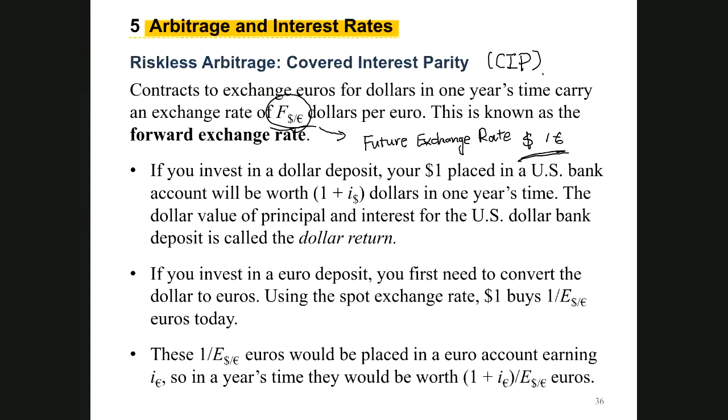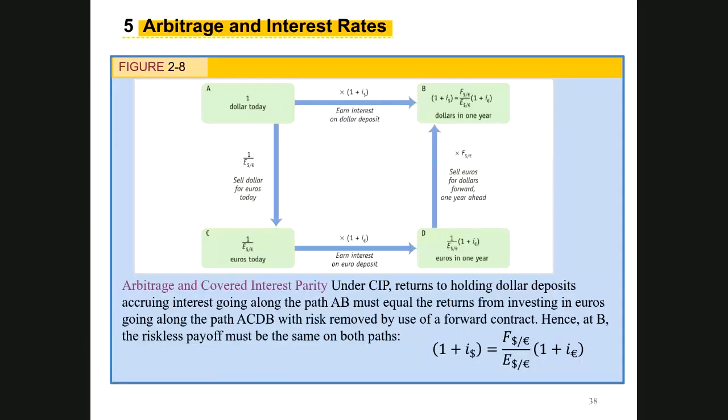Okay, so let's go over the process together. If you invest $1 in the US bank, okay, that's using this graph. So what's the mechanism of the covered interest parity? If you have $1 today in the US, you could choose to save it in the US bank, right?